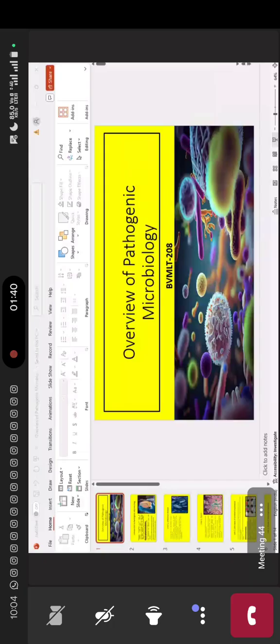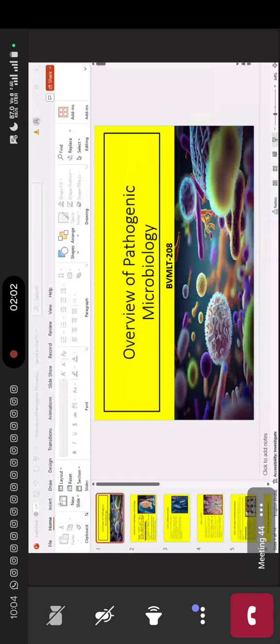They provide benefits to us. And the other class is pathogens. Pathogens are those microorganisms which cause disease to us, and also they use our nutrition, they live inside our body, and in return they cause infections to us.